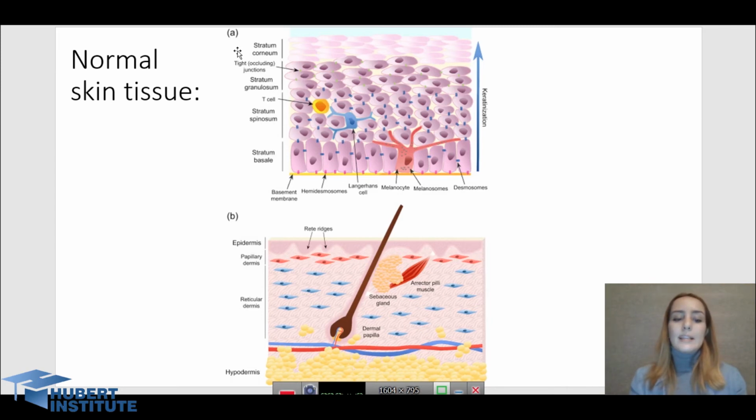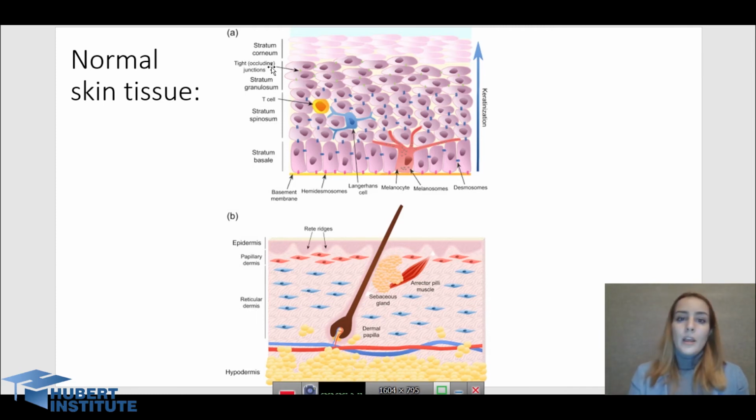Keratin protein is a material that our skin cells produce, so the cells get filled with this keratin protein, and the nuclei are destroyed and vanish as they go up, and the cell dies too. So in the most superficial layer, the stratum corneum, we do not have nuclei, and the cells are dead and just filled with keratin proteins.